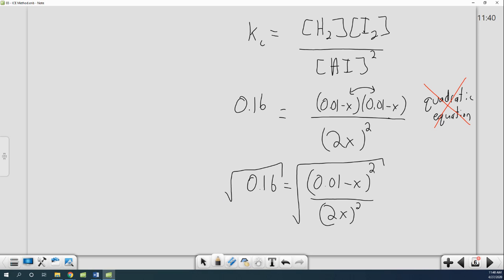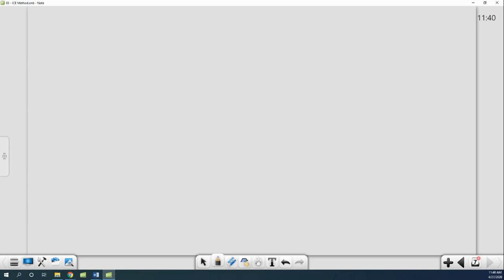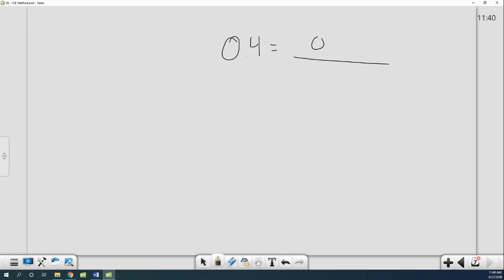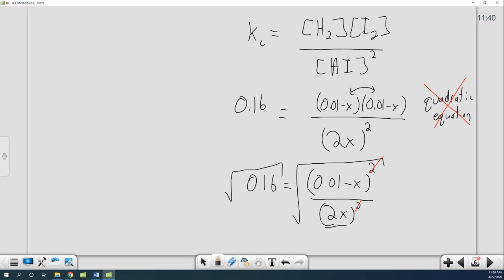So I'm going to have, what is the square root of 0.16? Square root that, 0.4. I'm going to have 0.4 equals, well, all I have to do, if I'm square rooting squares, the squares cancel out. That's all you got to do. So I'm left with 0.01 minus x, and I'm left with 2x.